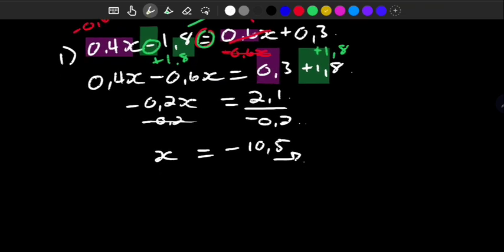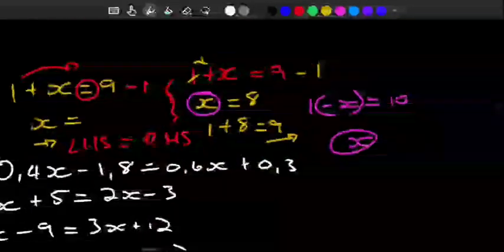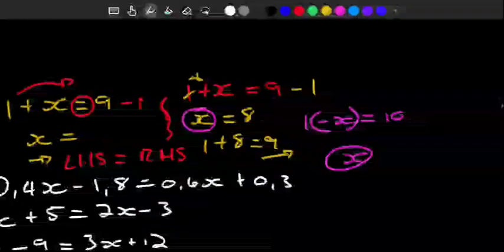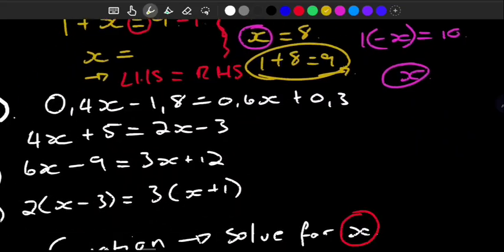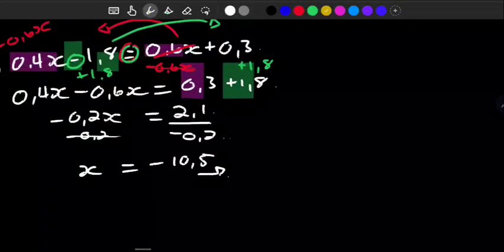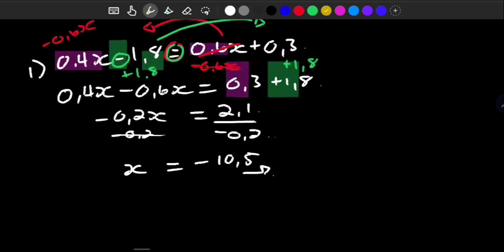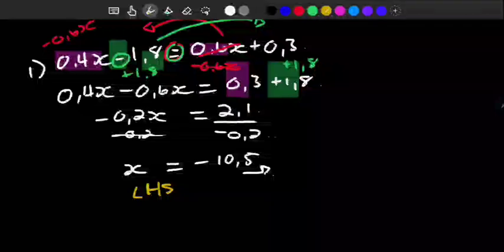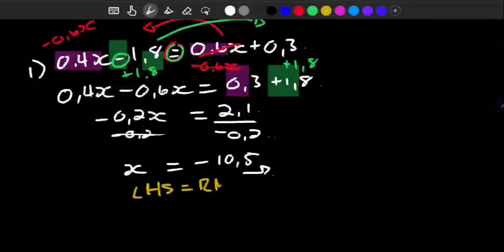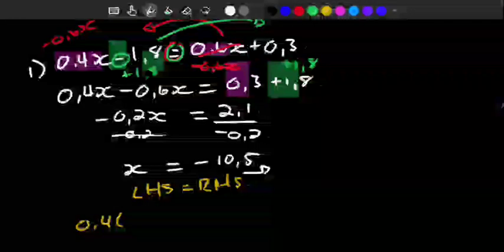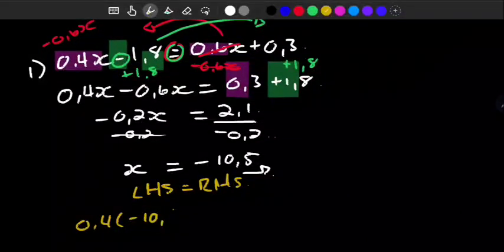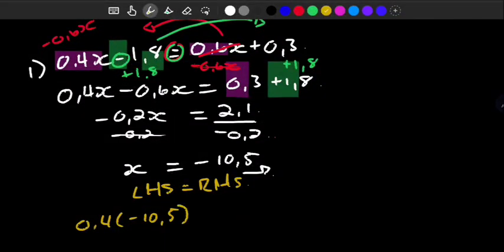Then the rule that I said here is that you can always substitute x back into the equation. You can substitute x back into the equation to see that your calculation was correct, and if your calculation is correct, the left hand side is supposed to be equal to the right hand side. So what would happen here is that you'd say 0.4 bracket negative 10.5, must also include the negative, right?